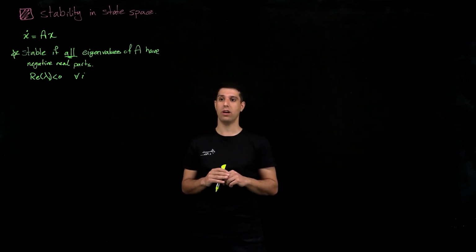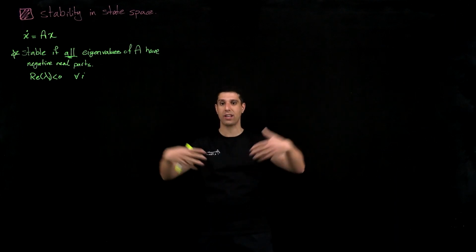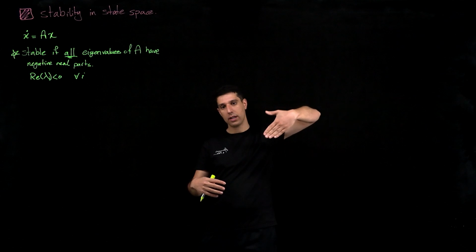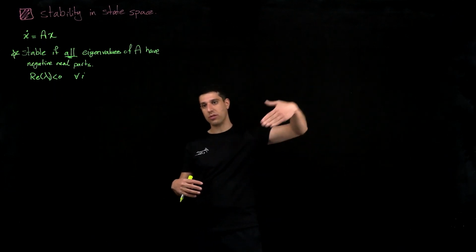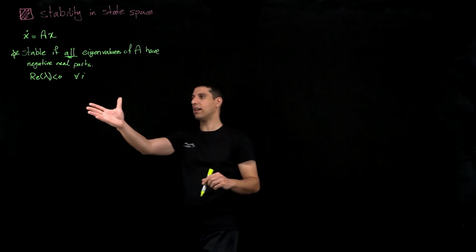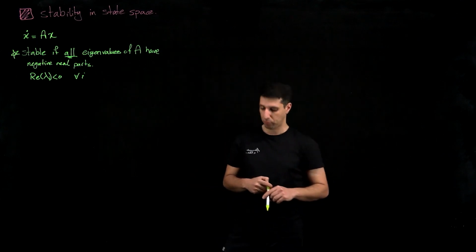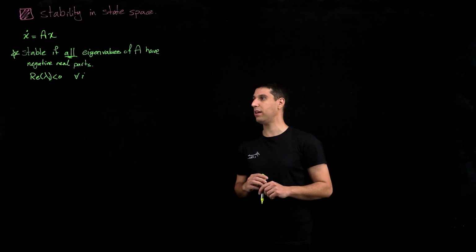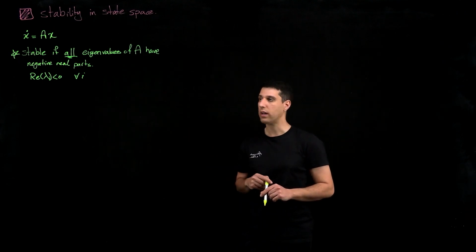So if they are negative, they are pushing the system back toward the center. If your system is in this direction, because the real part is negative, the derivative is going to be in the opposite direction. So that's an intuitive reason why this should make sense. But in maybe 10-15 minutes of the lecture, we'll see mathematically why that makes sense.